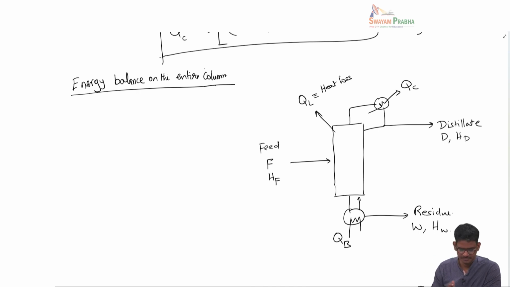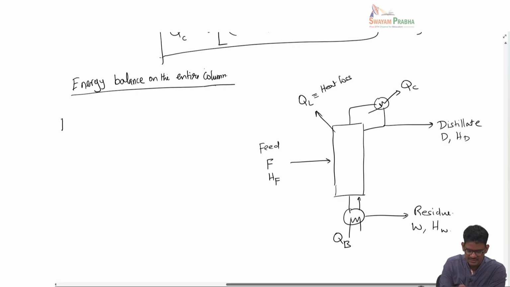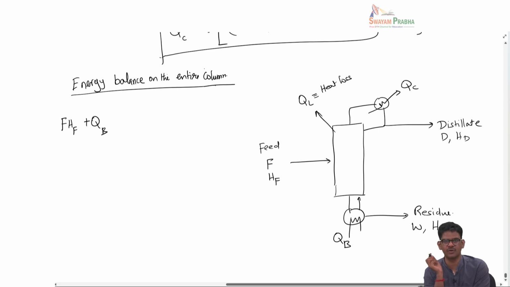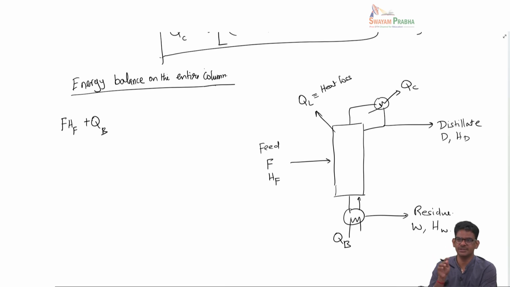If you see what is coming in, there is the feed coming with an enthalpy of HF. So this much heat is coming to the column, and then QB is also coming into the column through the reboiler. These are the two heat additions into the column.